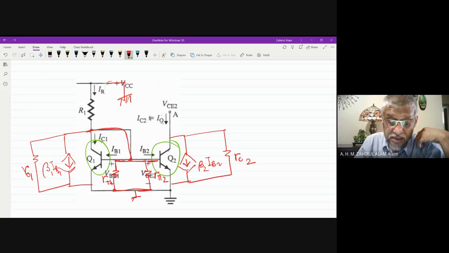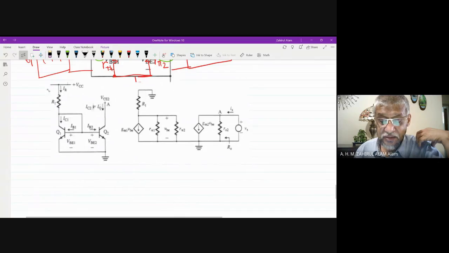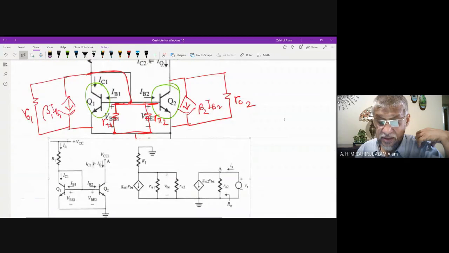If I copy it from my slide, it is not necessary to rearrange; it is supposed to look like this.